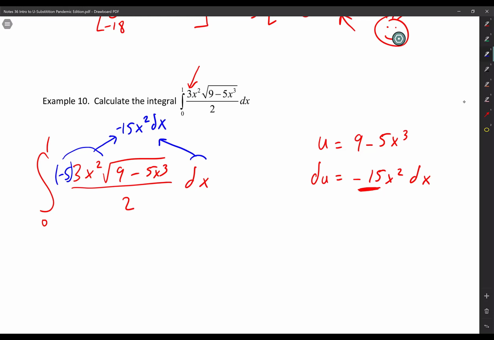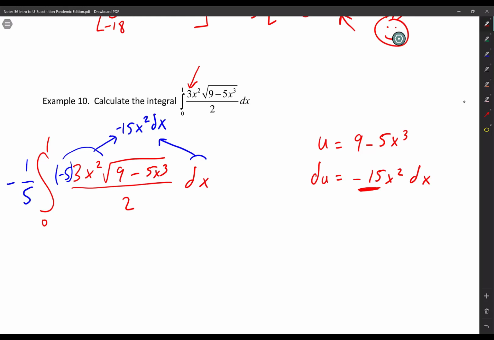Does everyone see that? And now if I put a -5 on the inside, on the outside of the integrand I put a what? 1/5. Positive or negative? Negative. Perfect. There it is. So everything in blue is stuff I added.